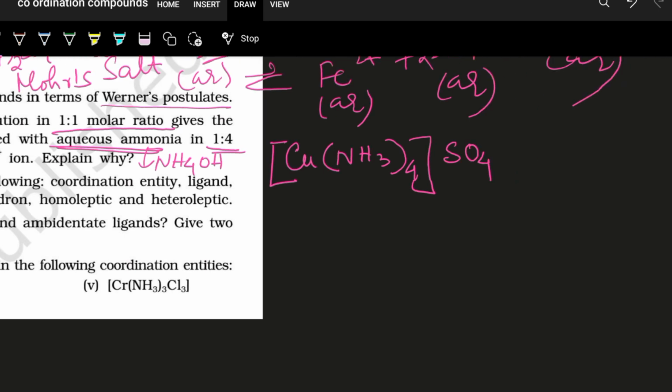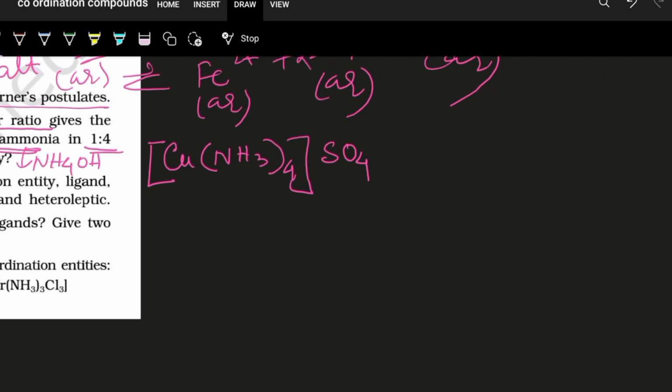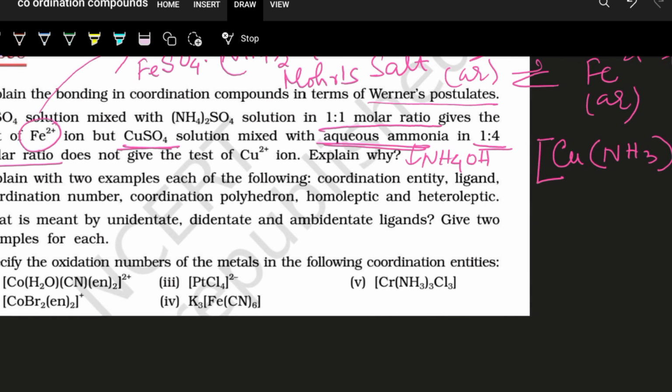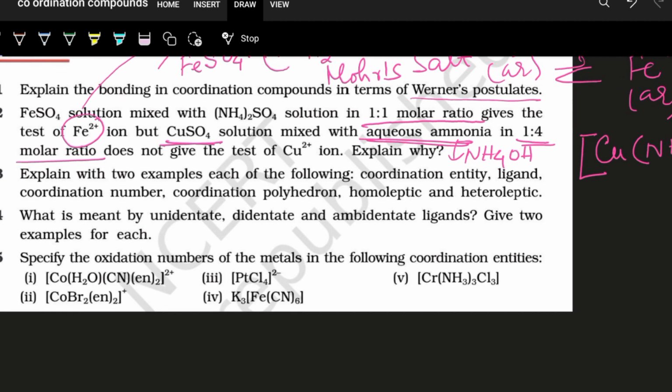If anyone asks you what the primary valency is, it is how many sulfate ions are obtained. What is the secondary valence? The secondary valence is the coordination number, which is directly attached to the central metal atom: NH3, 4 in number.